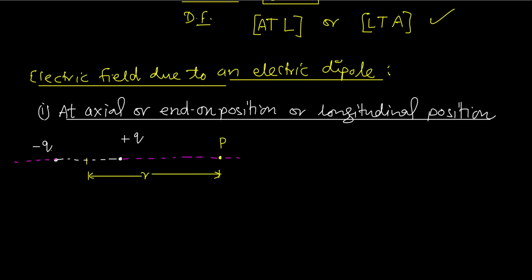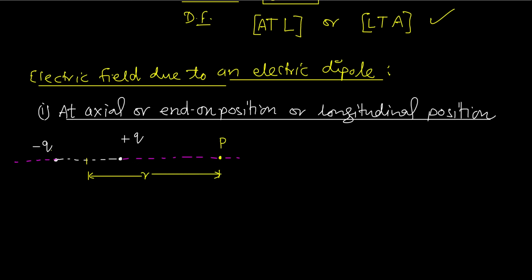Okay. Yeah, so now net electric field at point P. So at point P there will be two electric fields due to the two charges present here, minus q and plus q. The electric field at point P due to plus q charge, suppose I say that is E1, and of course that will be away from positive charge, and it will have slightly larger magnitude as compared to the electric field caused by minus q charge, because minus q charge is a little farther from point P as compared to plus q.